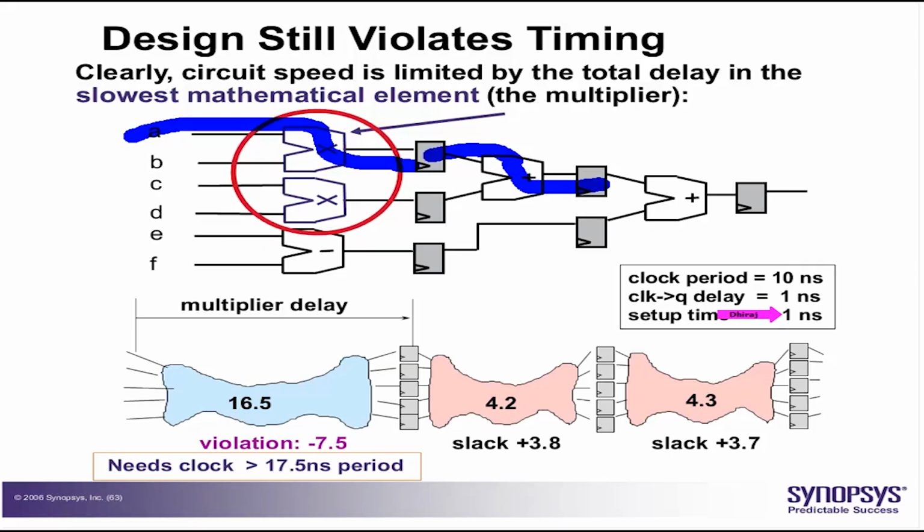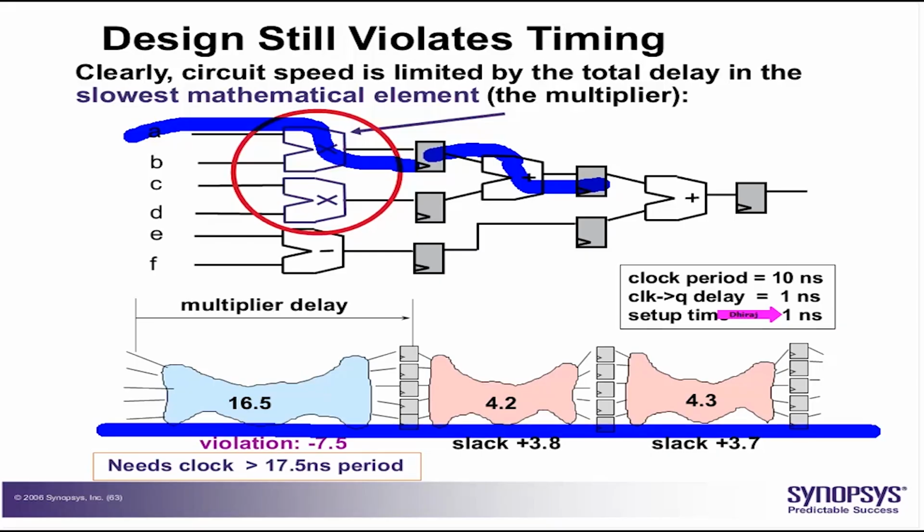Now consider these pipelining blocks, they are just to facilitate sequence of data, right? Consider the complete path. We see that the slack of 3.8 is available here, 3.7 is available here, and the violation is minus 7.5. If I add 3.8 plus 3.7, the sum is 7.5.